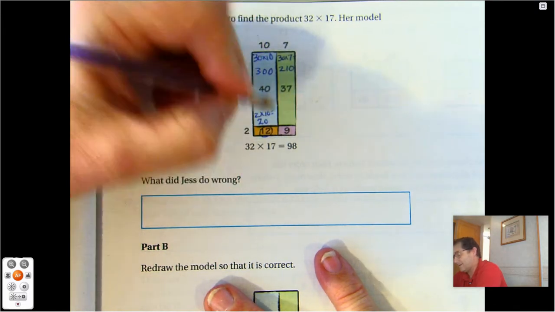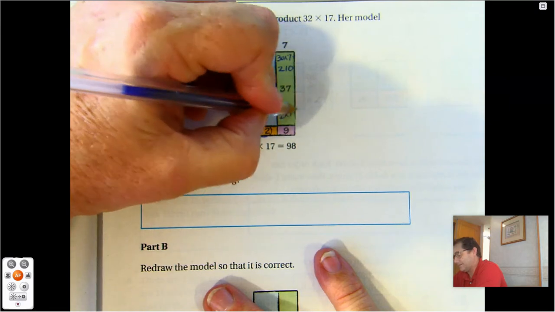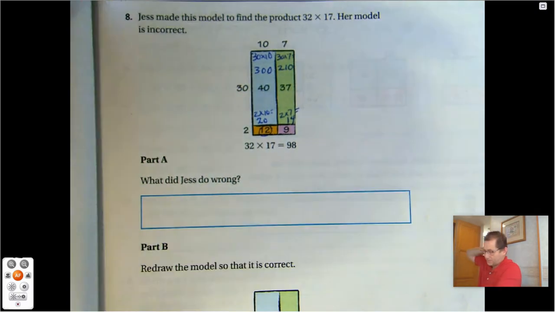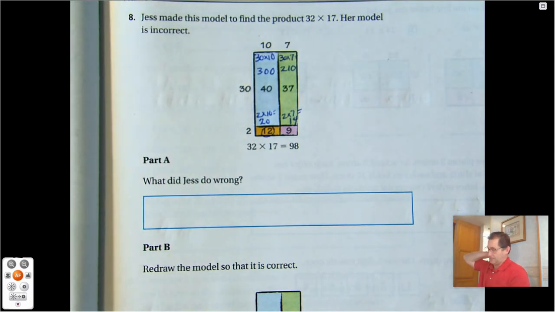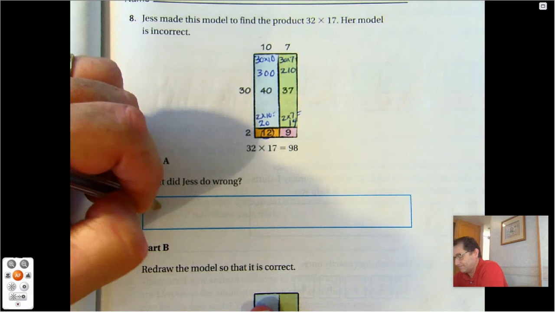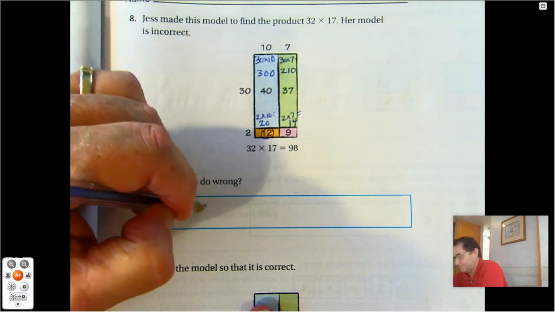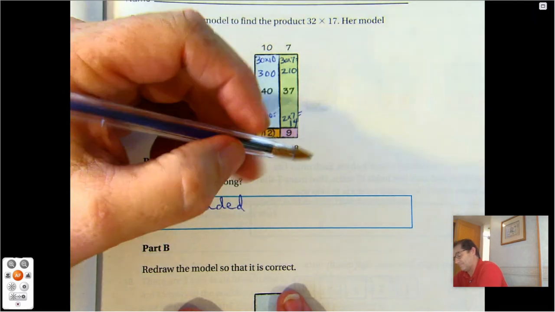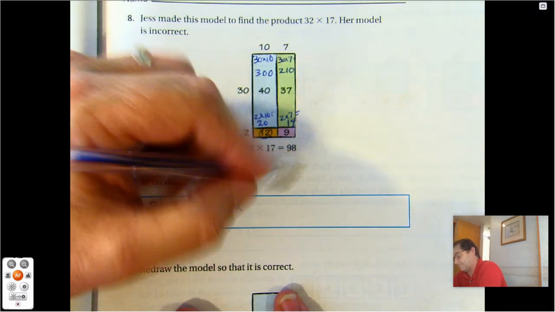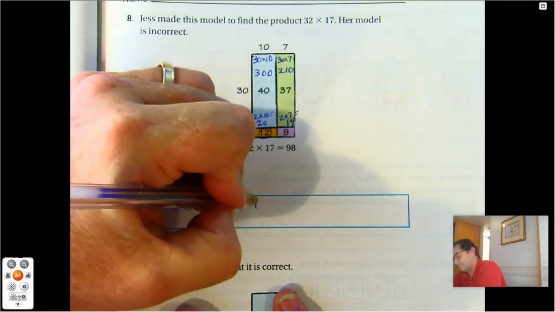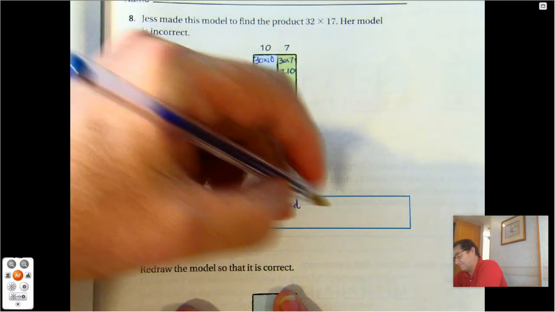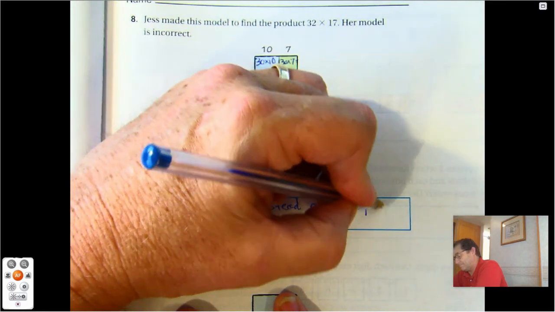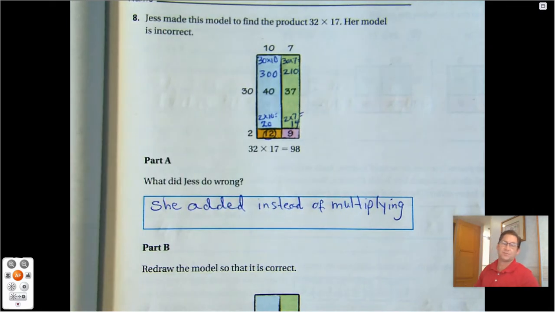And 2 times 7 does not equal 9. 2 times 7 equals 14. So she added. All right, so she added instead of multiplying.